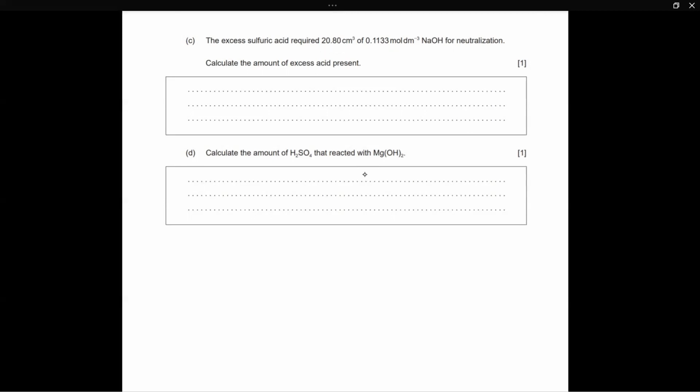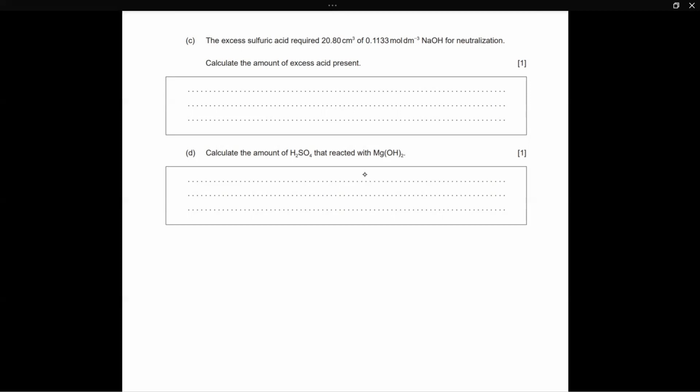Now, before we approach this question, you may be tempted to just find out the number of moles of NaOH and then automatically assume that that is also the amount of excess acid present, but that would be wrong because you have to first formulate a reaction equation for sulfuric acid with NaOH, and then look at the molar ratios, which tell us the relationship between the number of moles of the products and the reactants, or the products and the products, or the reactants and the reactants.